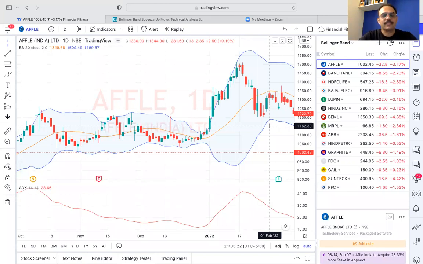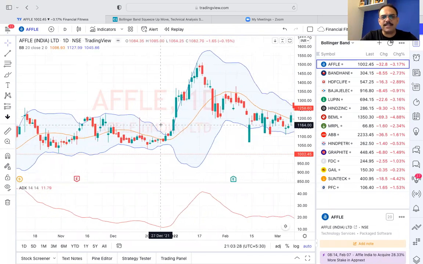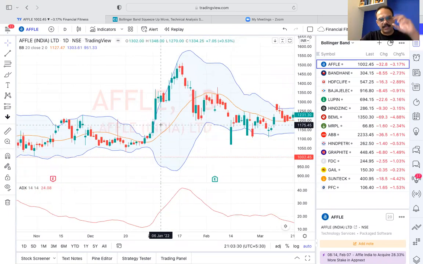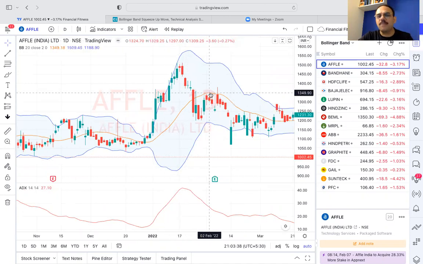Okay, great. Now, what we are interested in is the Bollinger Band. Bollinger Band has various applications. It is a band based on the market volatility and the price action; it will expand and contract. It is a standard deviation from the mean.